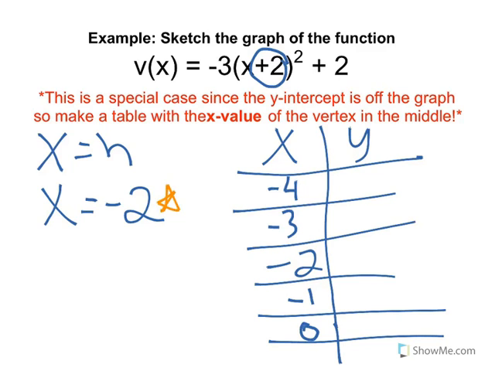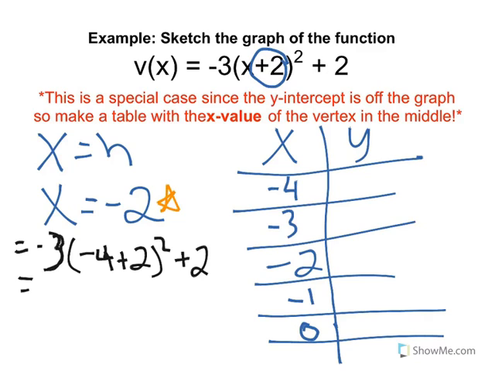So starting with -4, we would substitute that in as -3 times the quantity of -4 plus 2 squared plus 2. So, like I said before, you evaluate by hand, make sure you use order of operations, using calculator, make sure you type it in to look exactly like that. So that should give us -10.